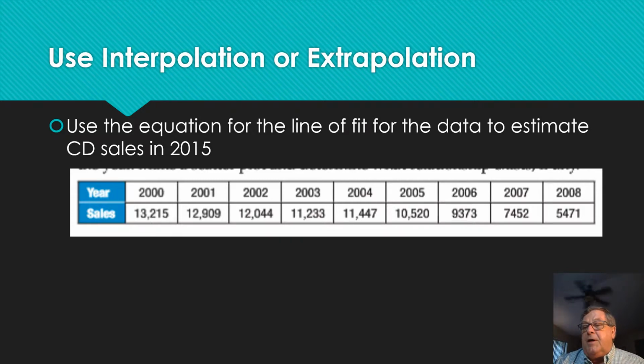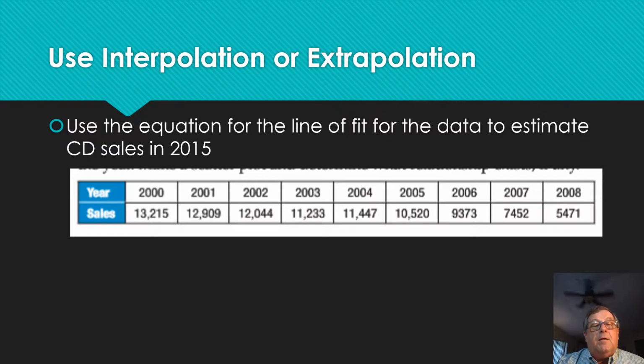Well, in the previous video, I used a spreadsheet to graph this data and find a line of fit. But in this video, I'm going to do it on our TI-84 calculator, and we're going to find a line of regression, graph the scatter plot, and then use the line of regression to estimate some data out in the future.